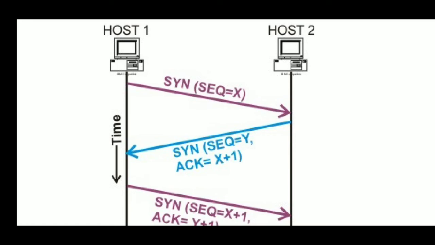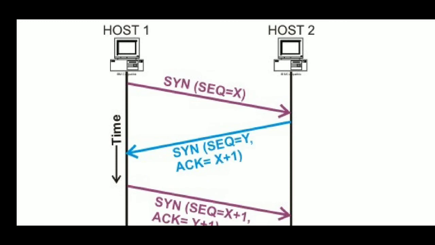In step 3, the client sends the acknowledgement segment which acknowledges the receipt of the second segment. Sequence is equal to x plus 1, and acknowledgement is equal to y plus 1.